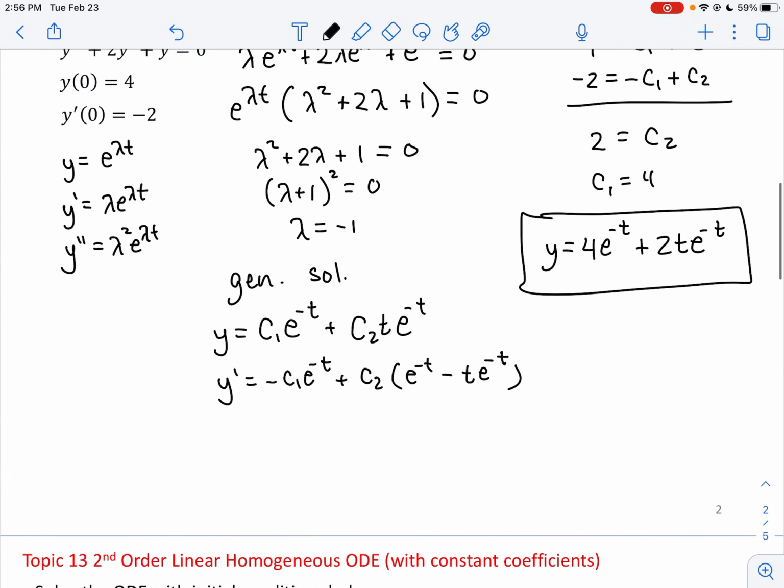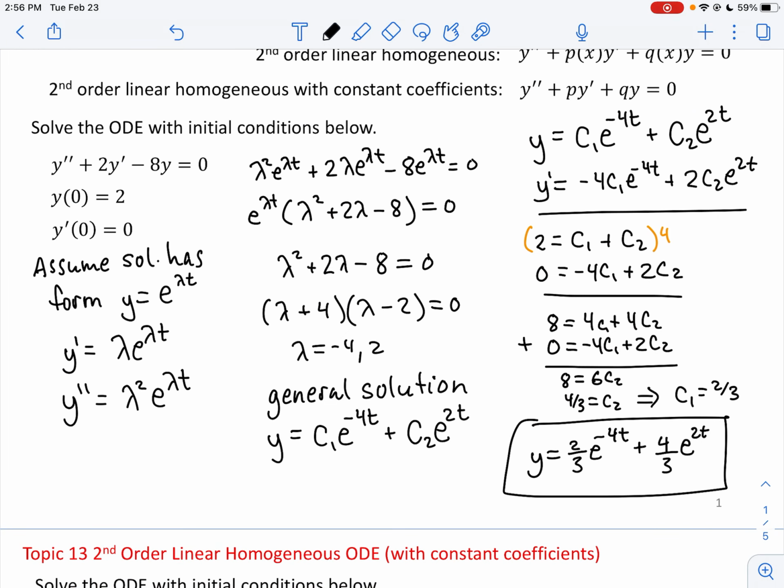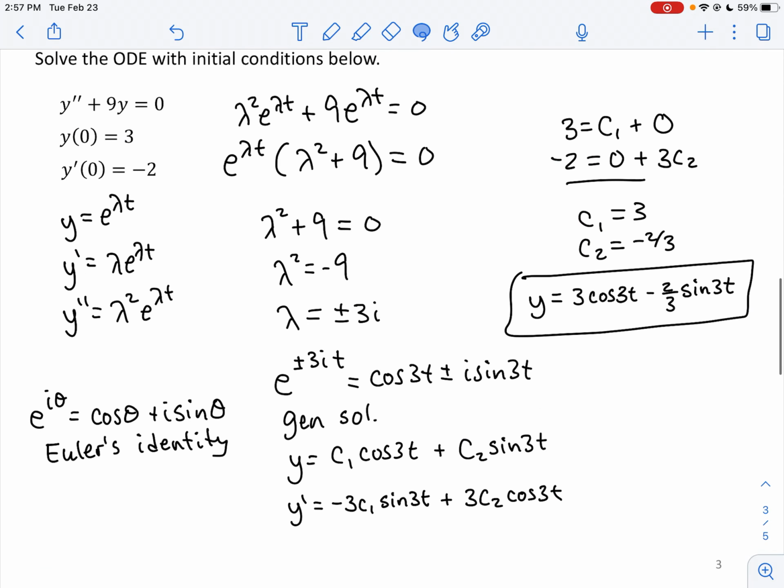As you can imagine, we look at the three examples. The second order differential equations are producing second degree characteristic equations. So quadratic equations, which have either two real distinct roots, like we saw here, or they have one real root, like we saw here, and we saw how to create a second linearly independent solution, even if the root is repeated, or they could have imaginary roots.